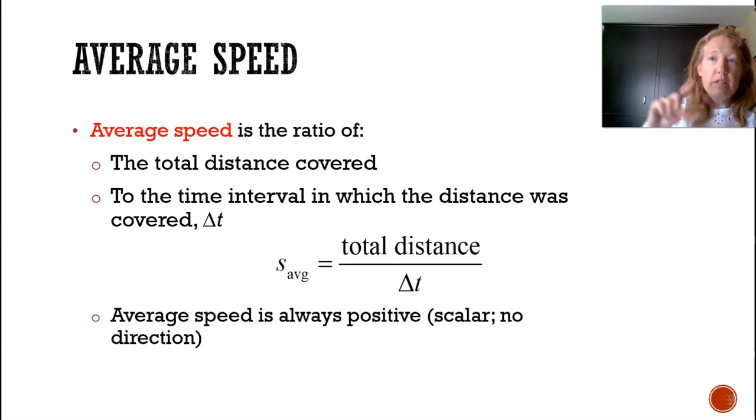So while the displacement of something might be very small or even 0, right? If you think about race cars going around a track, they spend a lot of time going in circles. Their displacement might be 0 if the start line and finish line are the same. But they've gone a lot of distance. There's a difference there, right? So then they would have a high speed if they've gone a lot of total distance in a short amount of time.